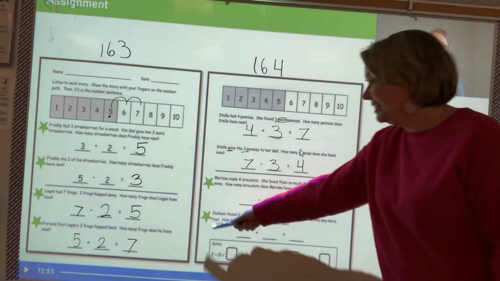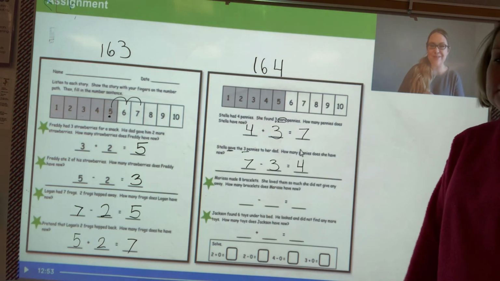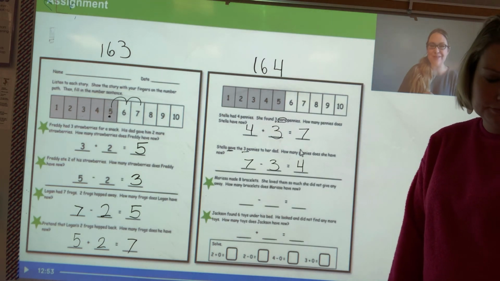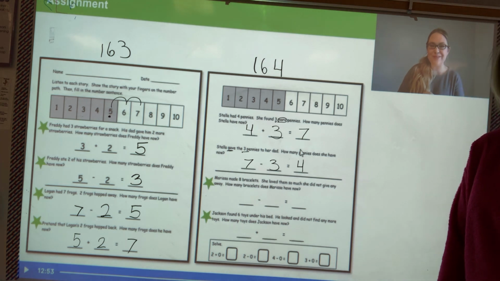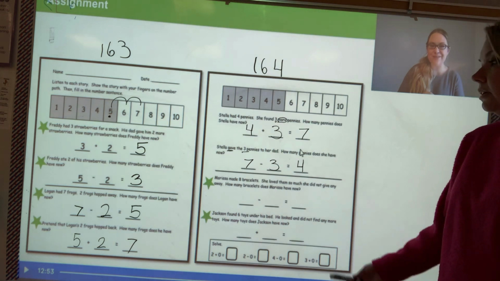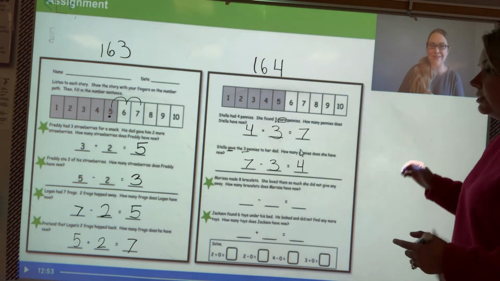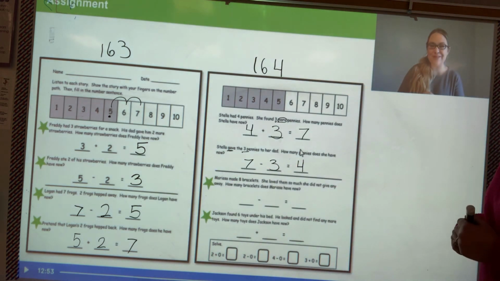I like this one because it has my son's name. Did you have a question? I know how to do it. Marissa had 8 bracelets. So let's look at it. Marissa had 8 bracelets. So what number am I going to point to on my number path? 8.